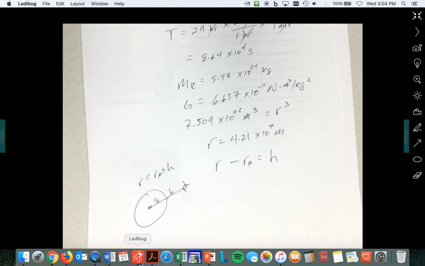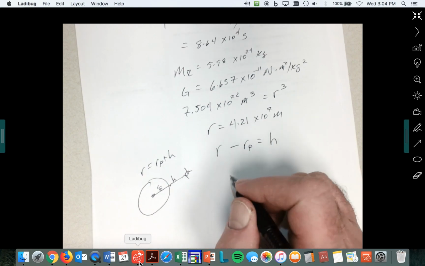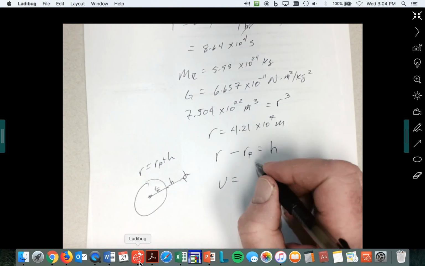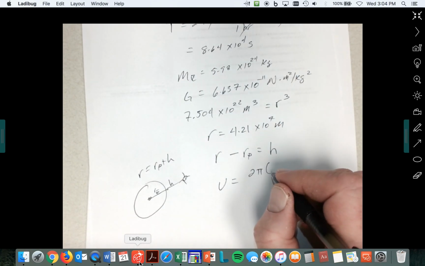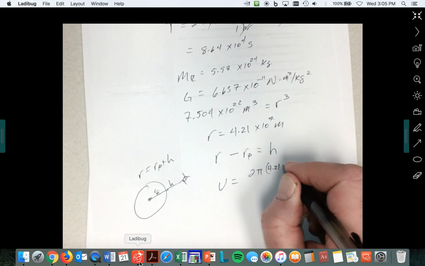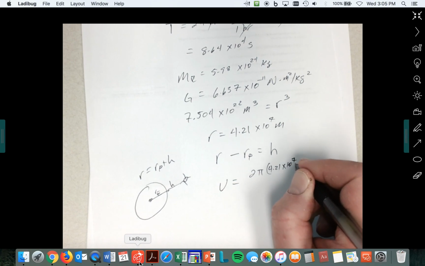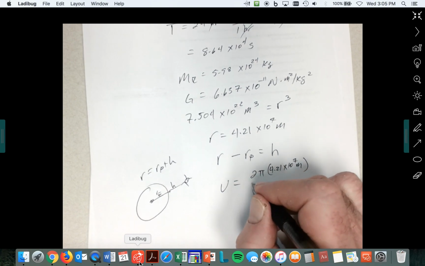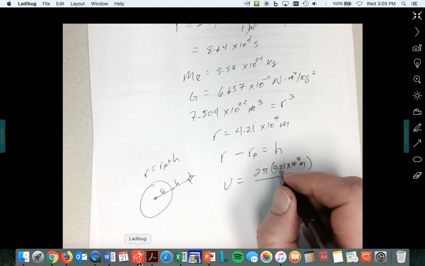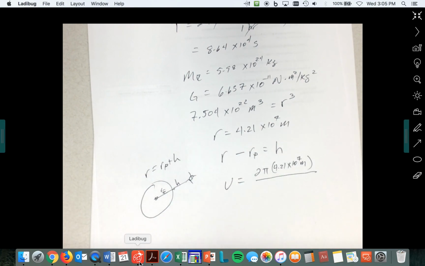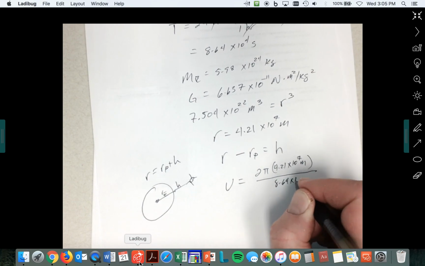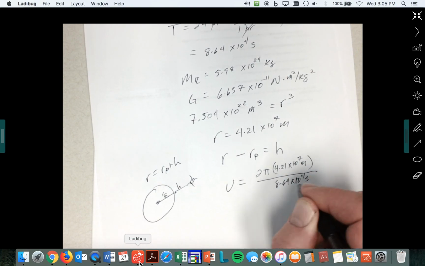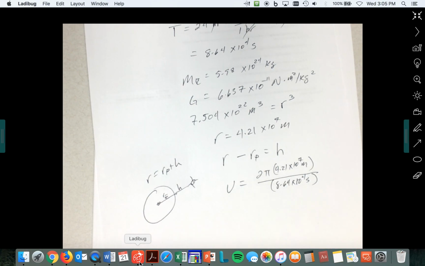So we've got the R that we need to find the speed, which is the velocity: 2 pi times 4.21 times 10 to the 7th meters divided by the period, which is the time it takes to go around, a day, 8.64 times 10 to the 4th seconds. Aha, meters per second.